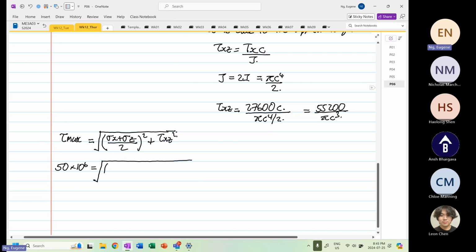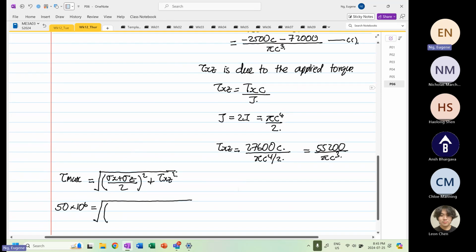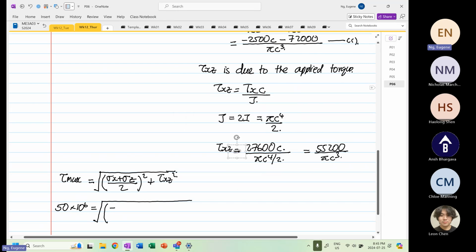And then we have stress x. Stress in the x direction is minus 2500 C minus 72,000 divided by 2 pi c cubed, and the whole thing squared. Now stress z, we know this is equal to 0, right?